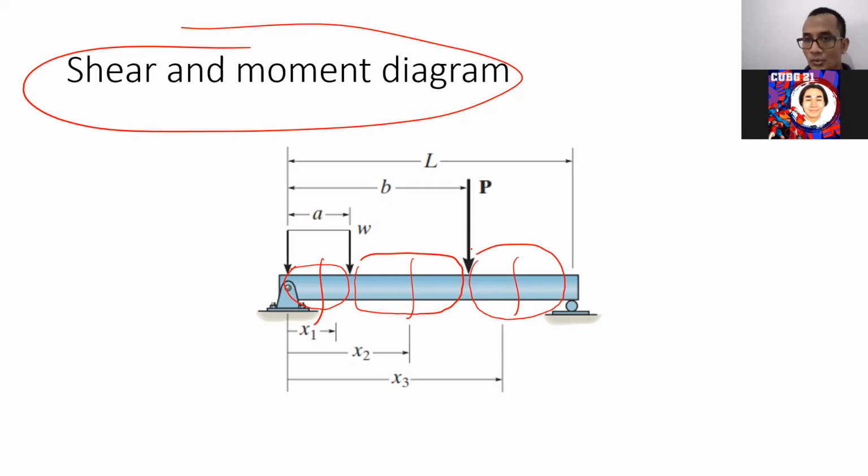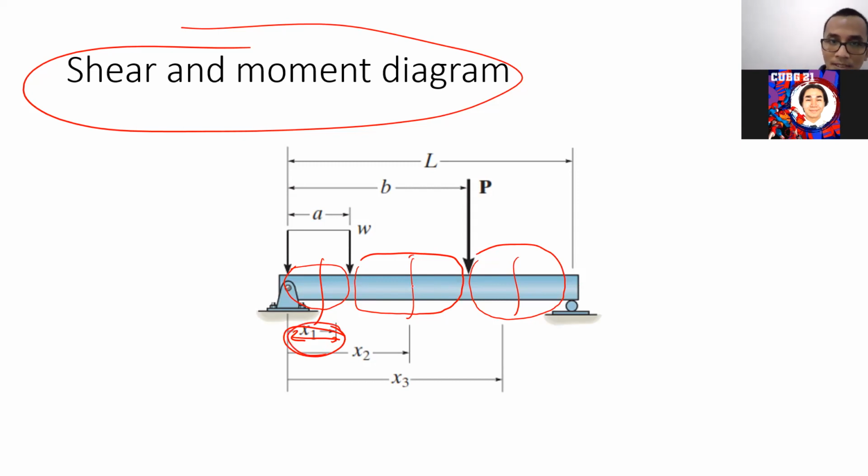So what we try to find whenever we do cutting is not the exact value of the internal force and moment directly at a particular point, but the equation. What we want to find is the equation representing the shear force value at this region, moment value at this region, and normal force value at this region.